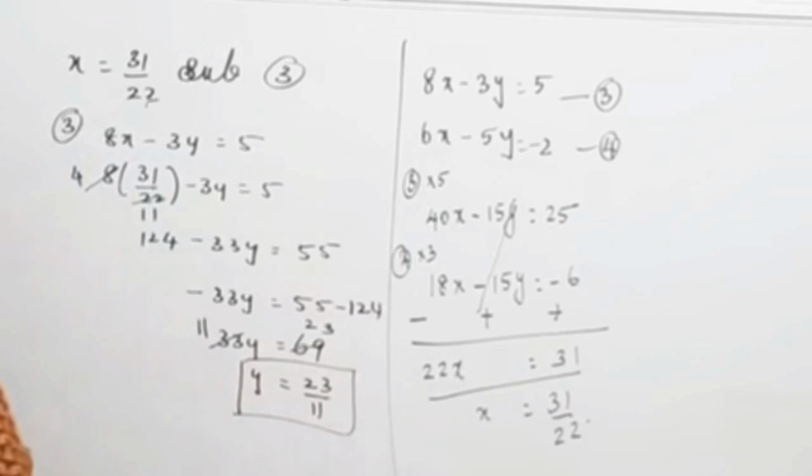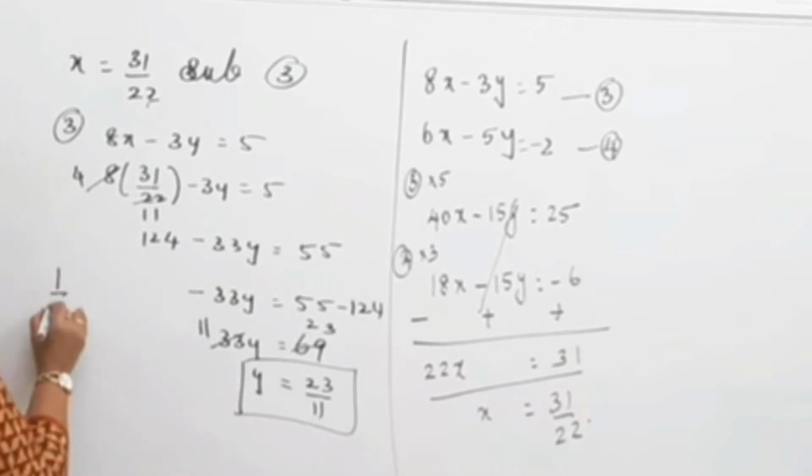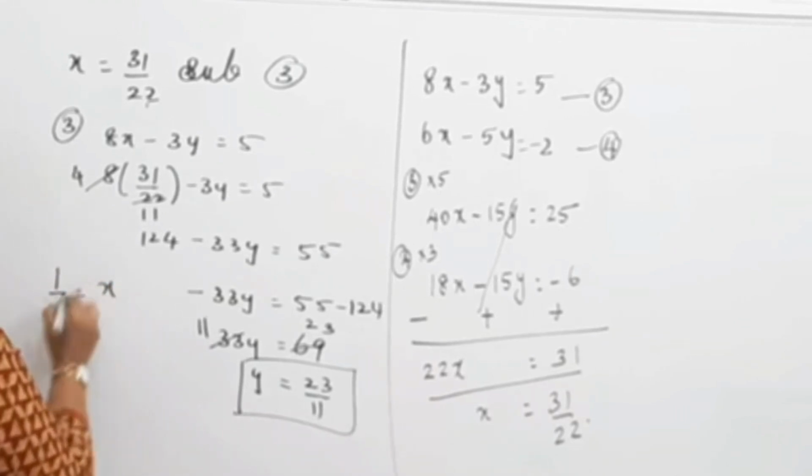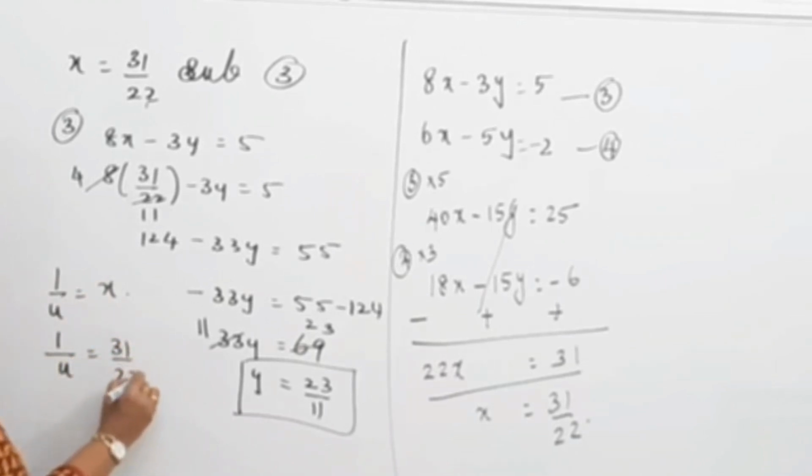So I have my x and y value, but I have to get my u and v values such that 1 by u is equal to x. So 1 by u is equal to 31 by 22. My u is equal to 22 by 31. As simple as that.